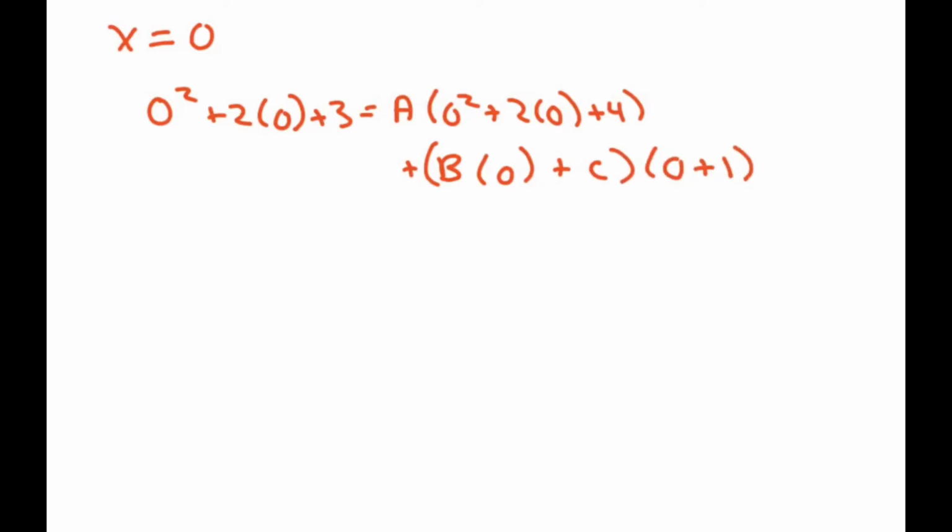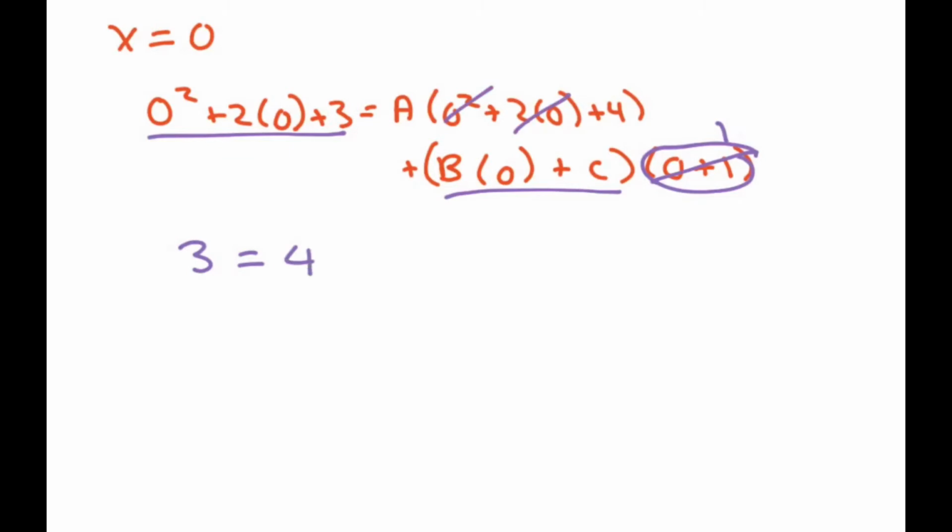And again, the reason we chose 0 is because this gives us a 1 here. That makes it easier. So this side here is going to be 3. These all cancel, so you get 4A. The B times 0 is just 0, so you have plus C.